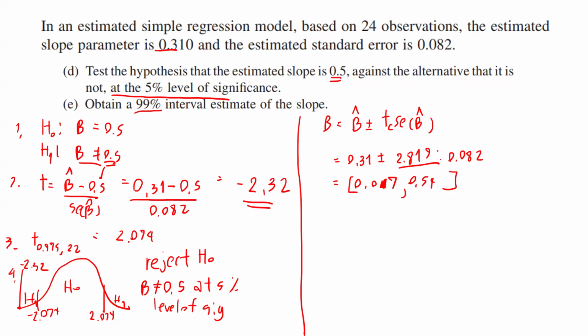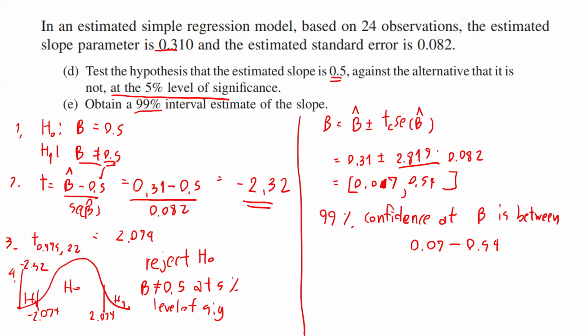So what does it mean? It means our estimated slope parameter is 0.31, but this is what we estimate. If I ask you, are you sure about this number? I'm not sure, but I have 99% confidence that the true beta is between 0.07 and 0.54.